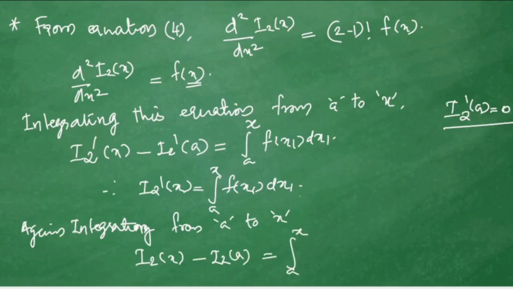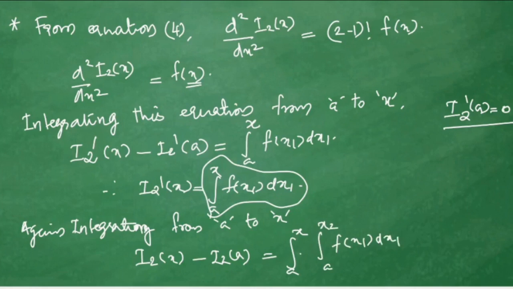Now we were integrating this, so a to x will be given to that one. Then integral a to x of f of x1 dx1, into dx2. So I2 of x minus I2 of a is equal to integral a to x, integral a to x2 of f of x1 dx1 dx2.